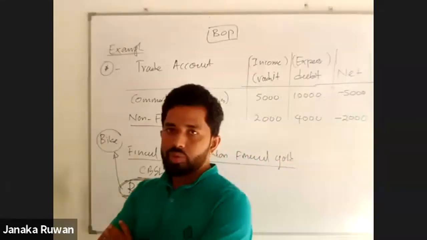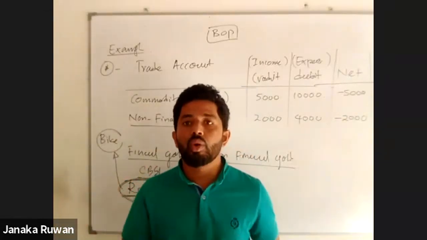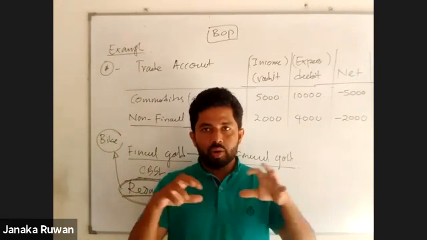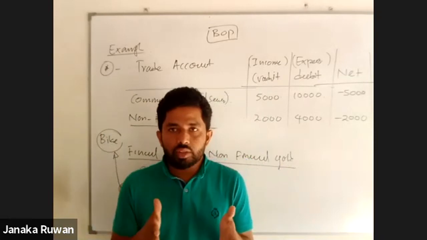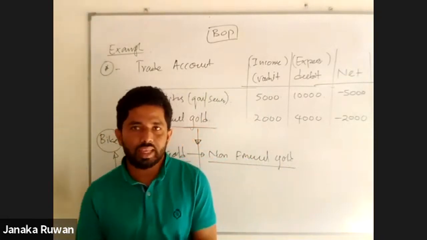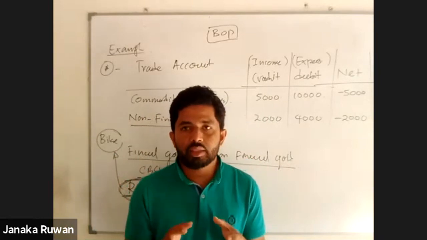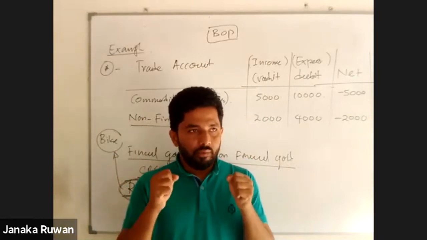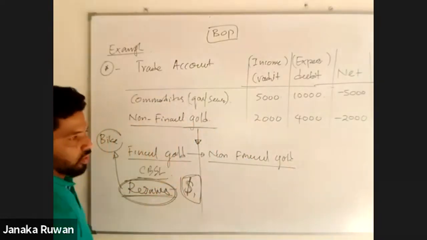What kind of reserve do you have? Dollars, crude oil, and also gold. The gold bar is used to accumulate the wealth of the country. The gold bar used to accumulate the country's wealth and as reserve can be called financial gold.